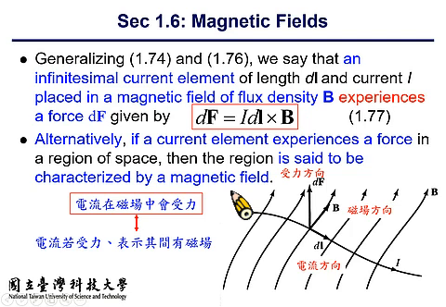Then using the right-hand cross product rule, you can determine the force experienced by the current section. One thing to notice is that because equation 1.77 is in terms of the cross product, the force direction is perpendicular to the current direction and the magnetic flux density direction. So it's orthogonal to DL and B as well.